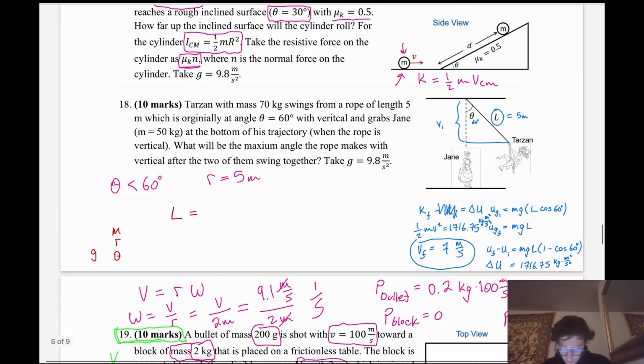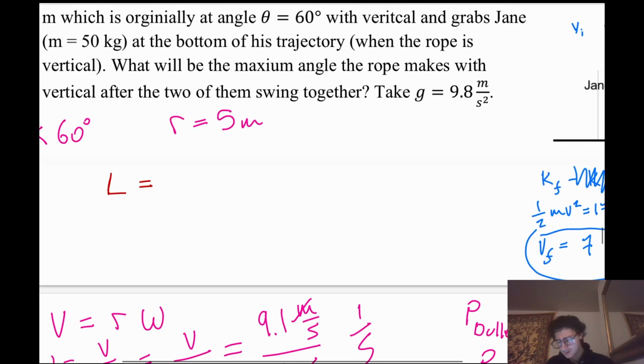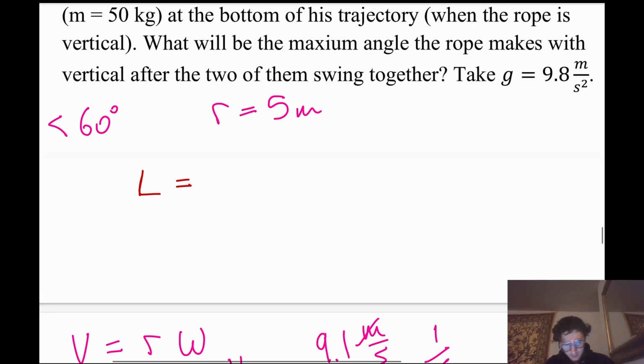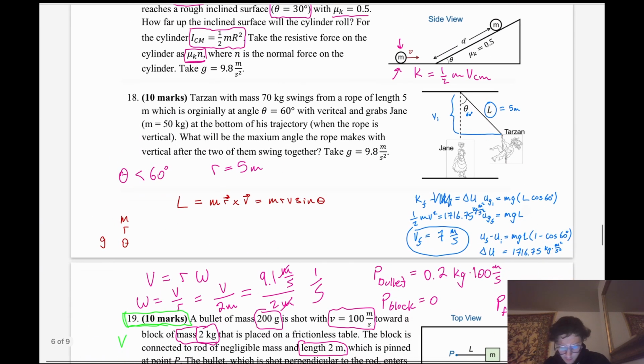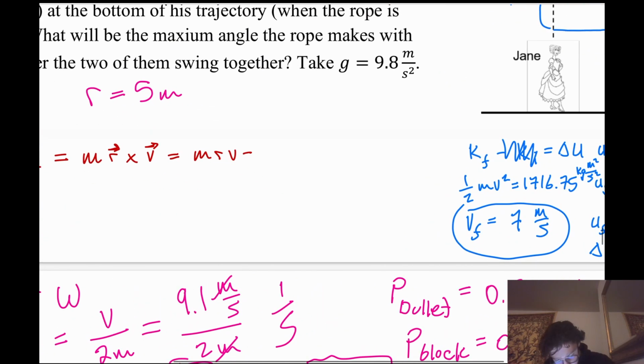This is his velocity. And now we can go back. Ooh, this feels good, bro. All right. This was m r cross v, which is m r v sine theta. And sine theta is 90, so here we can remove this, m r v, so we get 70 kg times, was it 5 meters?